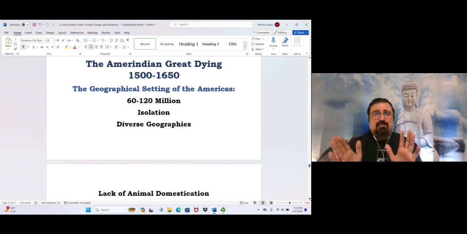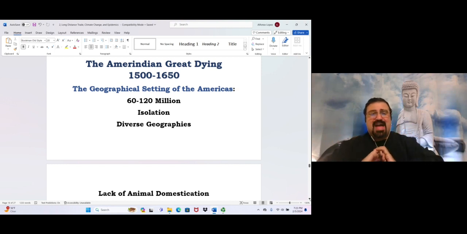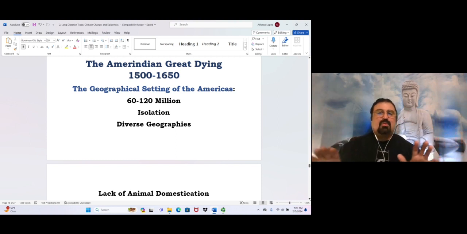So why this is important is because for thousands of years, the indigenous peoples of the Americas were developing their societies, their cultures in splendid isolation from the rest of the world. There was no contact, in other words, between the Amerindian population and the populations of the old world.